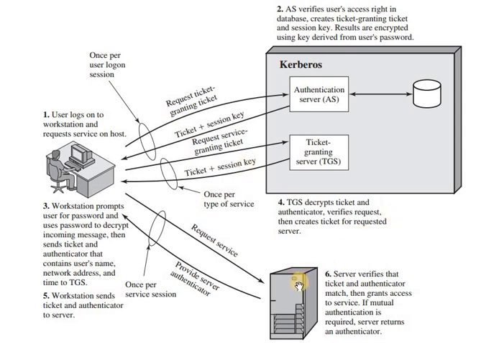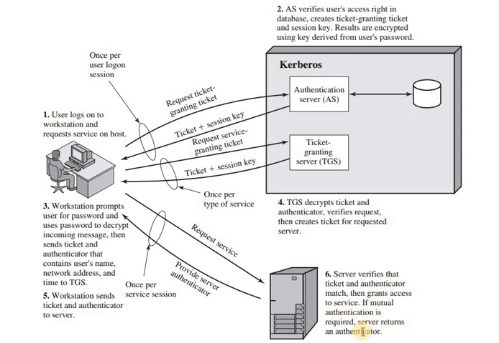The server decrypts the ticket using the long-term key that it shares with the TGS. It finds the elements in the ticket, including the session key. Using the session key, it decrypts the authenticator, compares the values in the authenticator and the ticket, then grants access to the service.